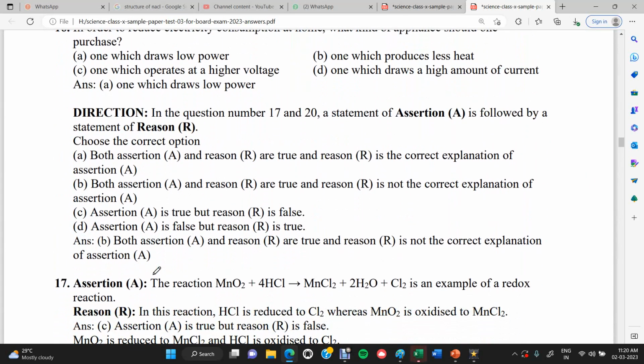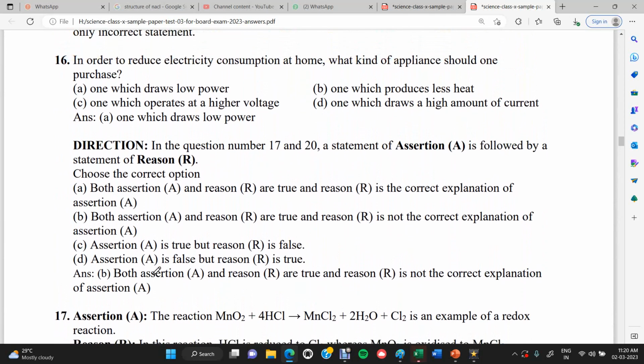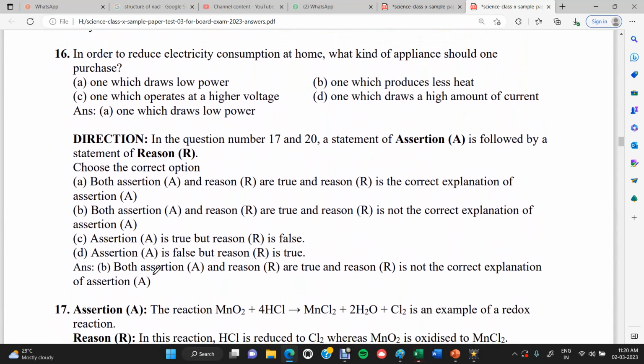Assertion reasoning. The reaction MnO2 plus 4HCl gives MnCl2 plus H2O plus Cl2 is an example of a redox reaction. In a redox reaction, reduction and oxidation should take place simultaneously.